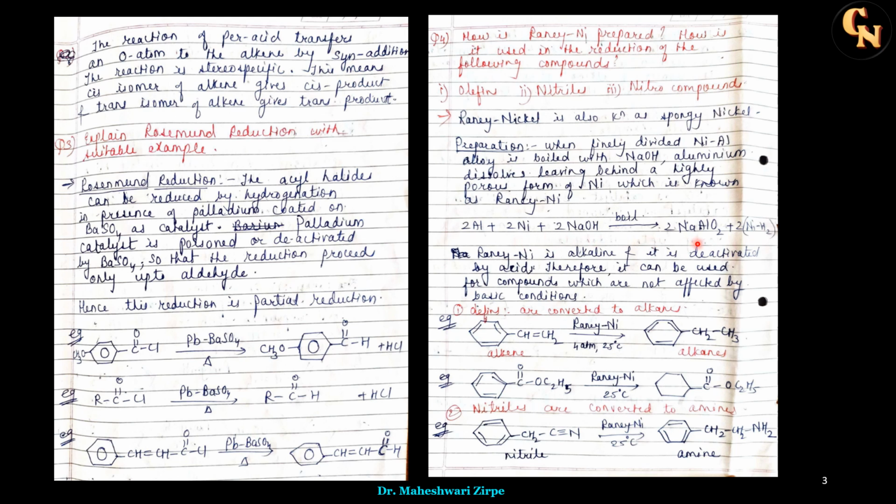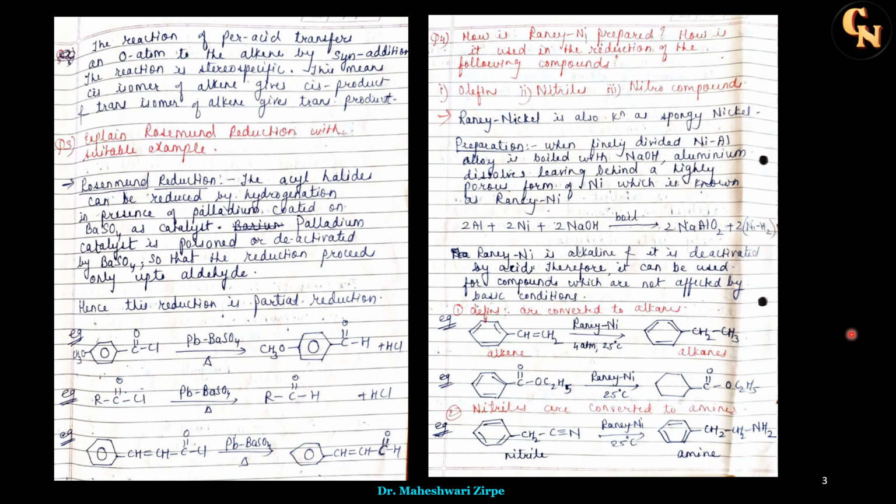When you boil this, you will be getting NaAlO2 plus NiH2, that is Raney nickel with hydrogen. This is nickel with hydrogen. So Raney nickel is alkaline and it is deactivated by acid. Therefore, it can be used for compounds which are not affected by basic conditions.